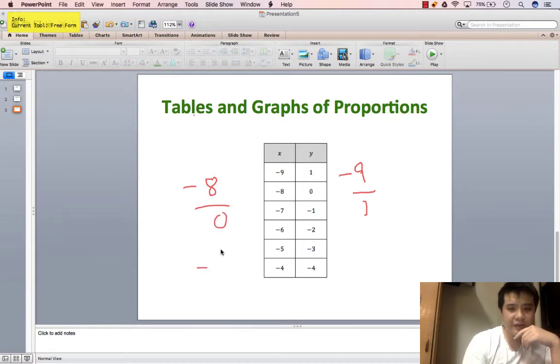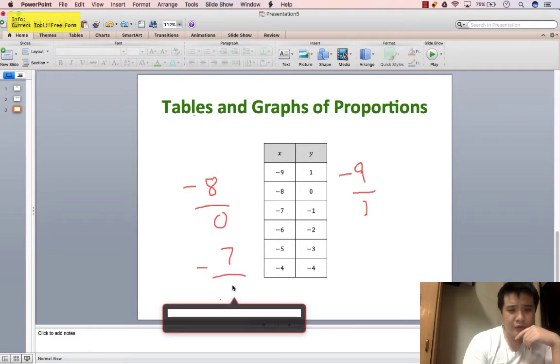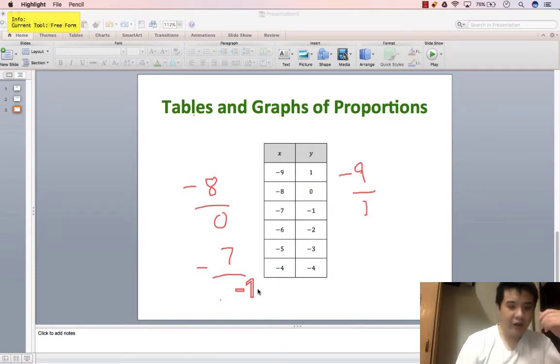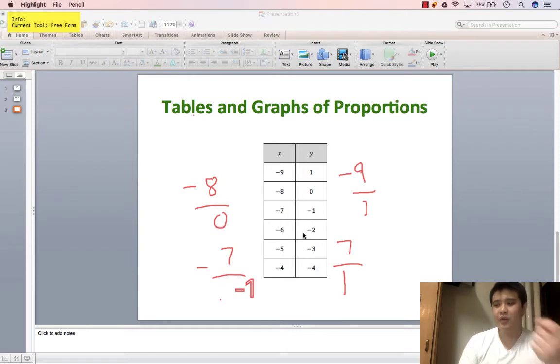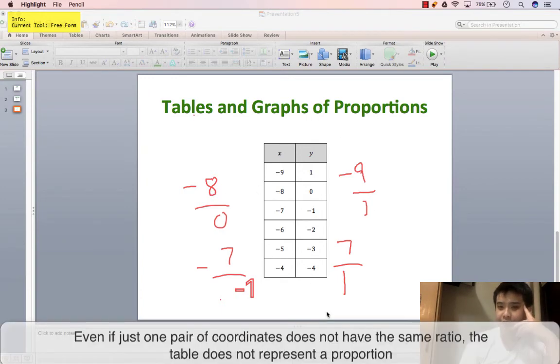The next one is negative 7 to negative 1, or also known as 7 to 1. None of these pairs end up giving you the same ratio. Okay, because of that, this does not represent a proportion. In order to represent a proportion, x to y has to be the same thing for each one of these.